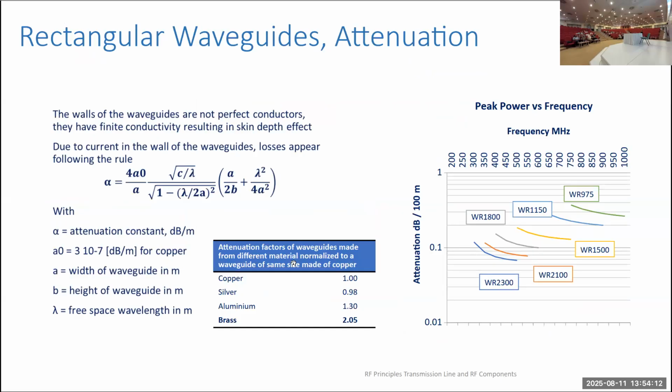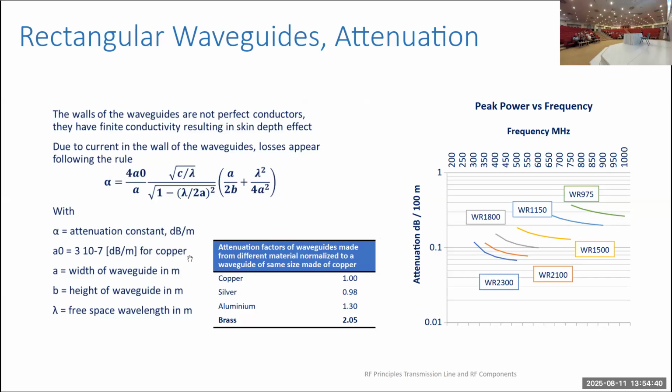Then the attenuation of these rectangular waveguides can be calculated by this formula. It is directly proportional to a naught, which is 10 to the 7 dB per meter for copper.